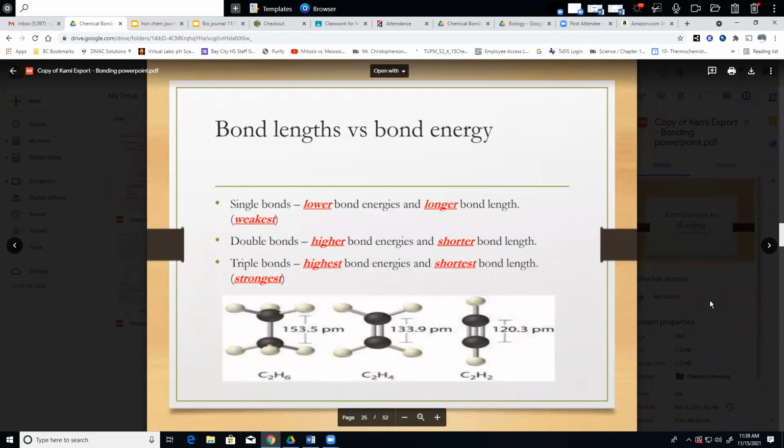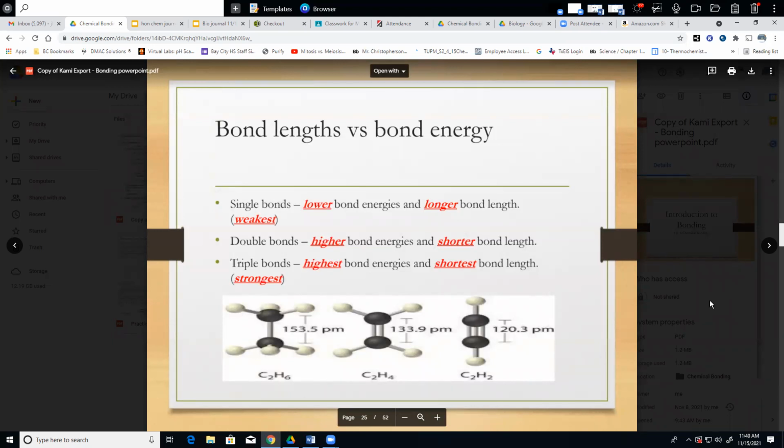So single bonds have the lowest bond energy and they're longer, so that makes them the weakest. And that increases until your triple bond. So remember, 6 electrons make up a triple bond, so there's a lot more electron density.